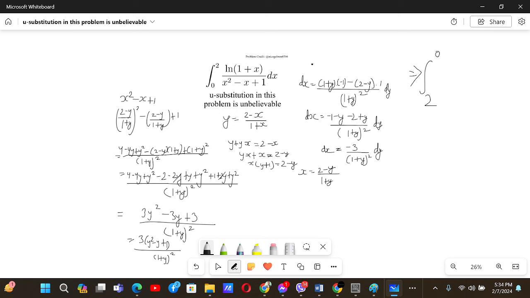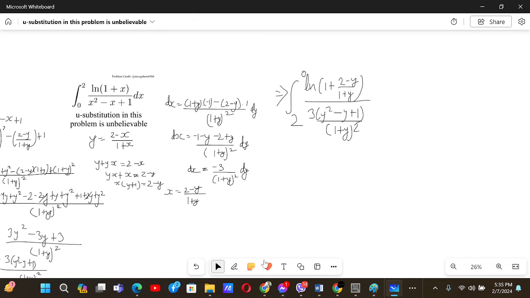And over here we have ln of 1 plus x, where x is just (2 minus y) by (1 plus y), by, now we know that this converts to 3 times (y square minus y plus 1) by (1 plus y) whole square. And now what does dx go to? Minus 3 by (1 plus y) whole square dy.